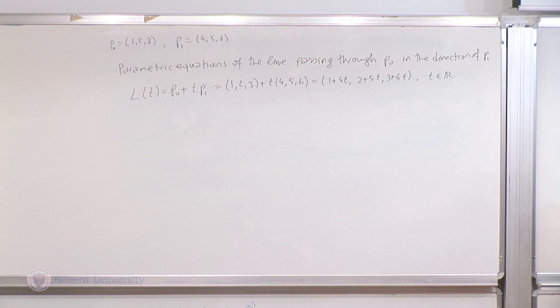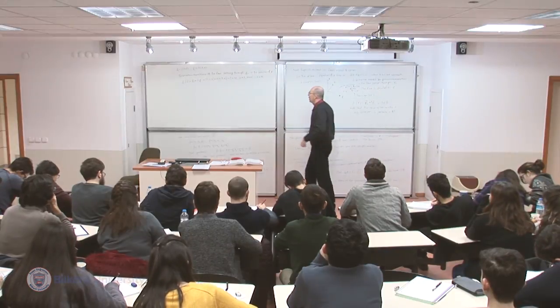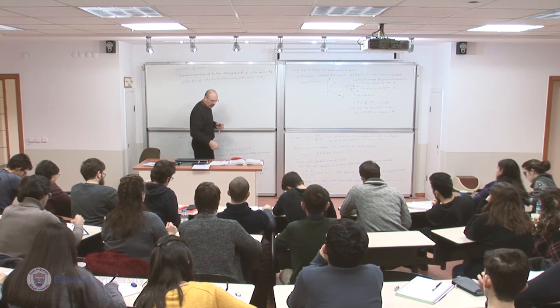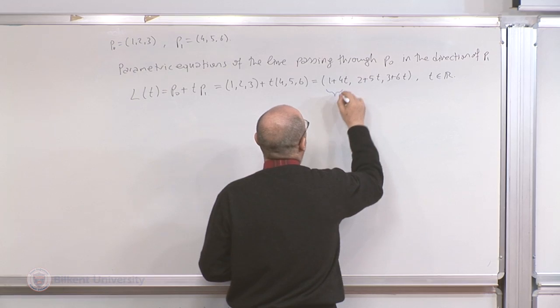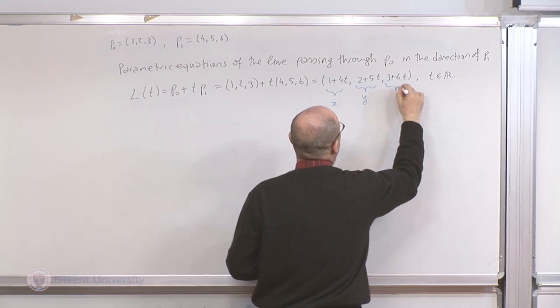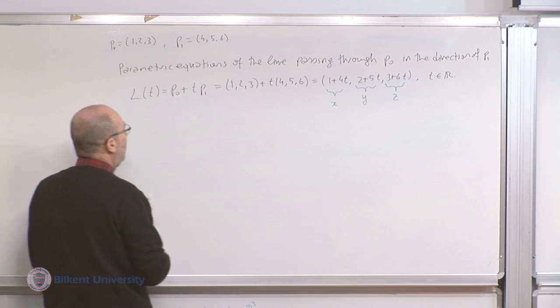and you have to remind yourself that t is your free parameter. Depending on the value of t, you are describing a different point on the line. So this is my x coordinate, this is my y coordinate, and this is my z coordinate. So we can also write this as follows.